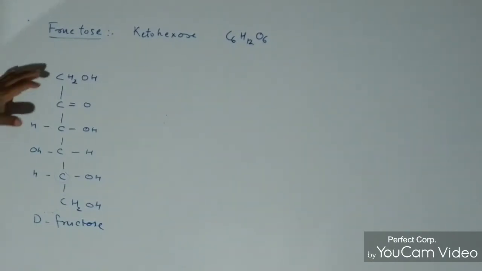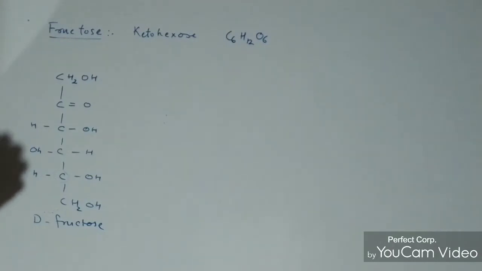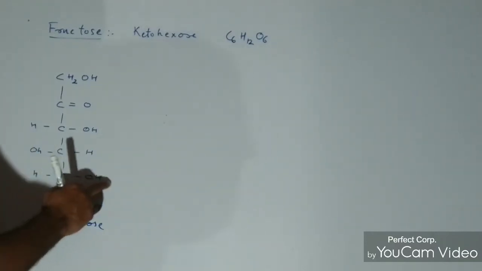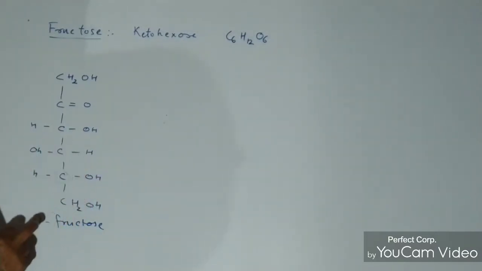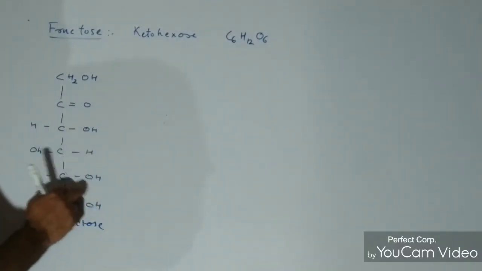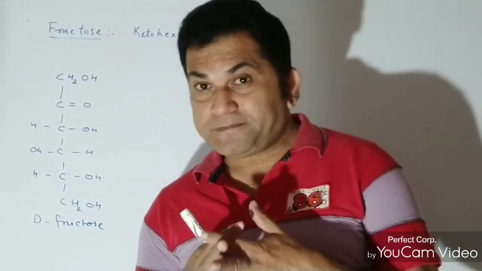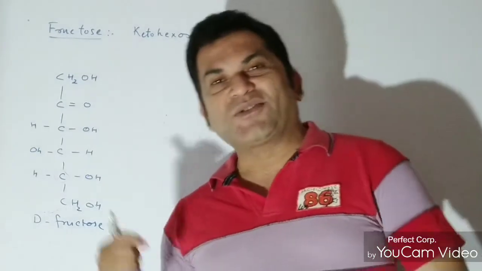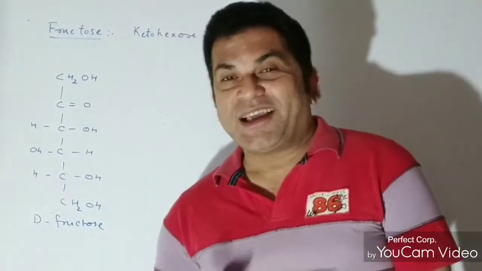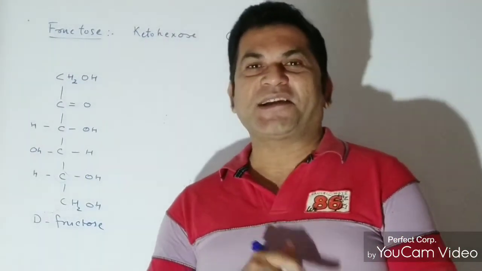Okay, so I hope that you understand the structure of fructose. Only the second carbon is the carbonyl group, and that is the ketone, and the fifth carbon decides D or L. So same as glucose. Now this fructose is also not giving the reaction of ketone.